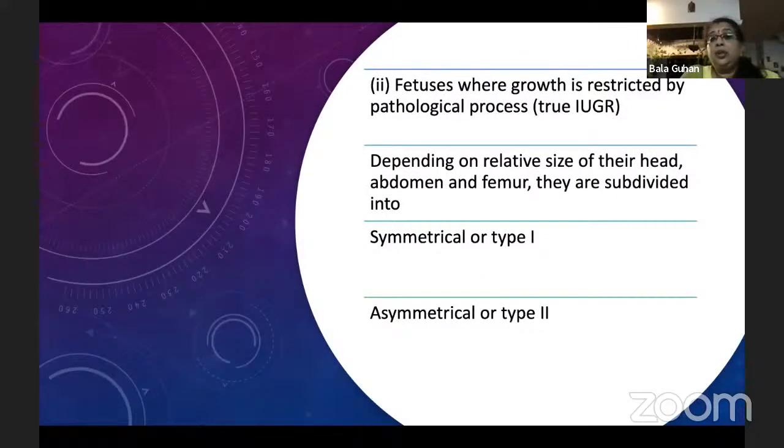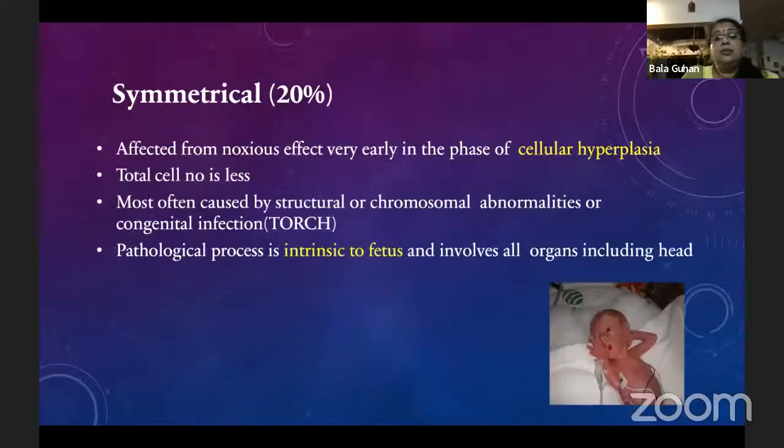Fetuses where growth restriction occurs by a pathological process are true intrauterine growth restriction. Depending on the relative size of the head, abdomen, and femur, they are subdivided into symmetrical or asymmetrical types.